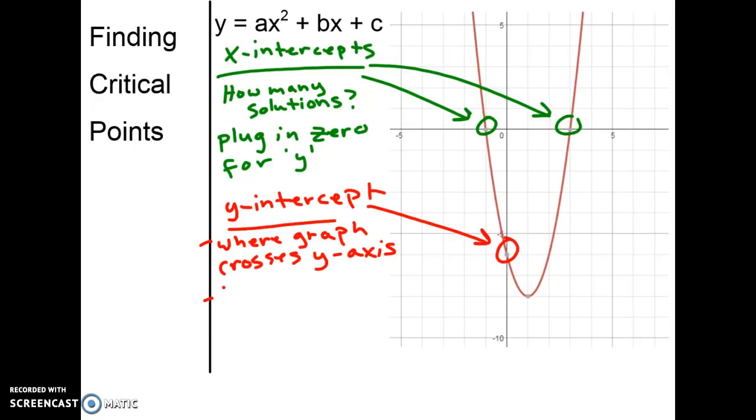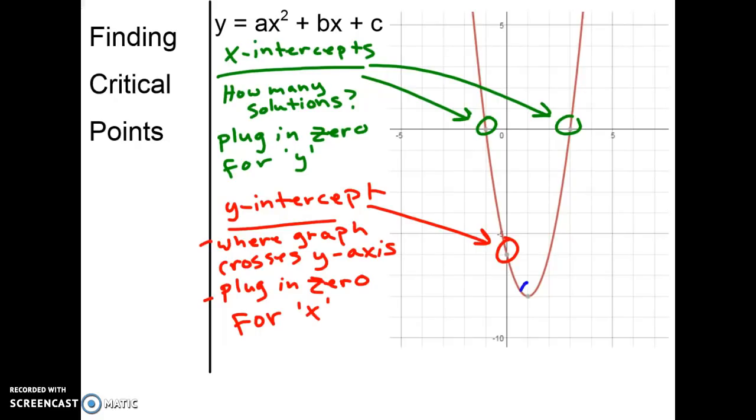To find the y-intercept, you plug in 0 for x. So just to review quickly: for the x-intercept, plug in 0 for y; for the y-intercept, plug in 0 for x.